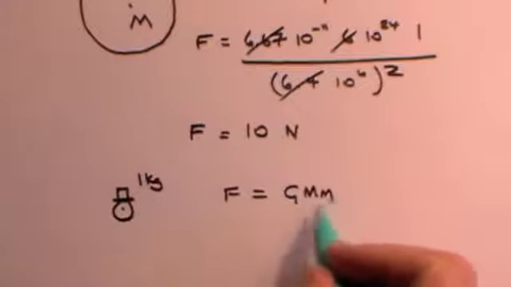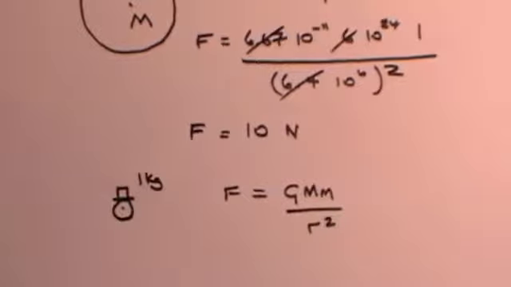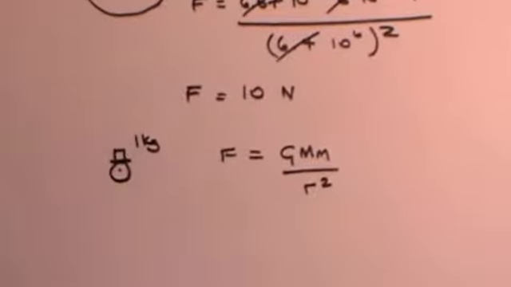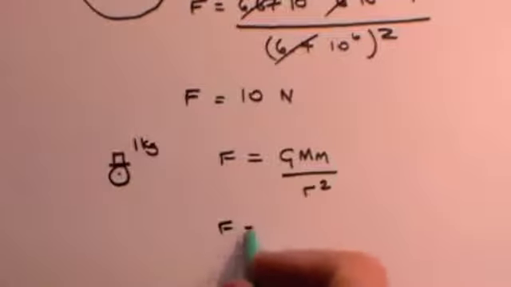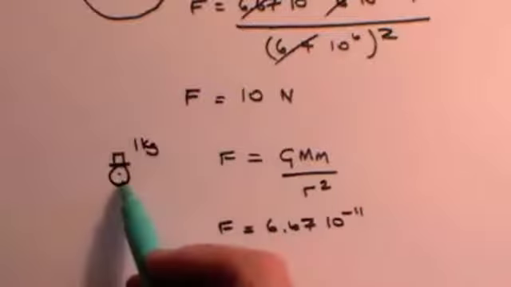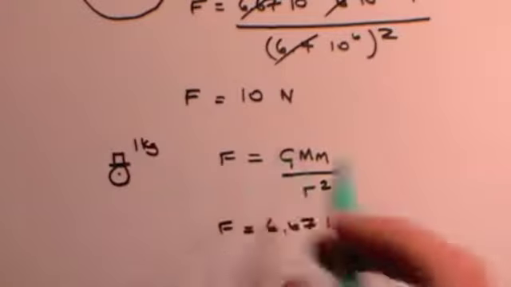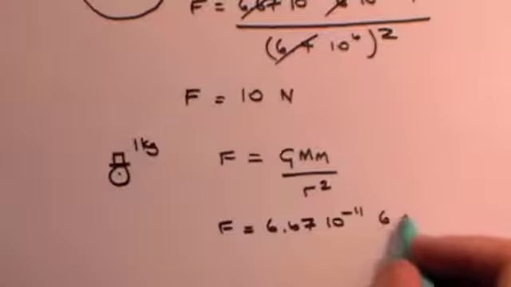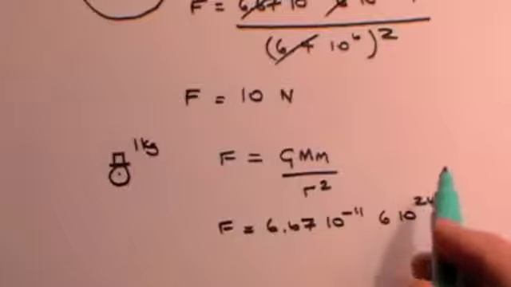F equals GMm over r squared. And the G, M and m are not going to change. That means the force is going to be 6.67 times 10 to the minus 11 times the mass of the Earth, which remains the same. We've squashed the same mass into the size of a marble. So that's 6 times 10 to the 24.